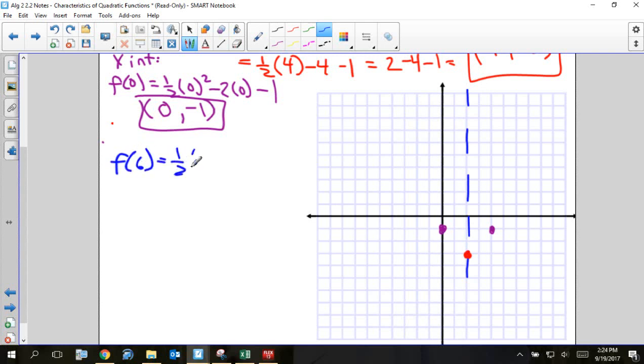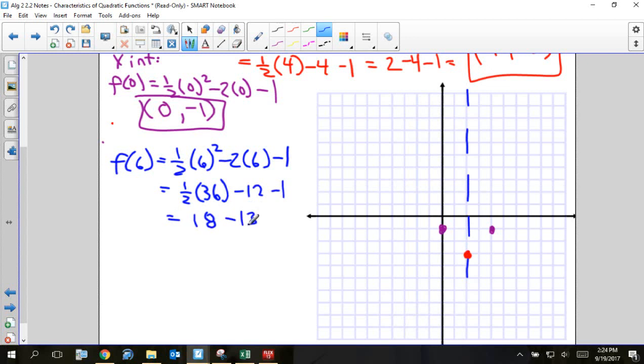So 1/2, 6 squared minus 2 times 6 minus 1. So we get 1/2 of 36 minus 12 minus 1. 18, take away 13. So the ordered pair 6, what?